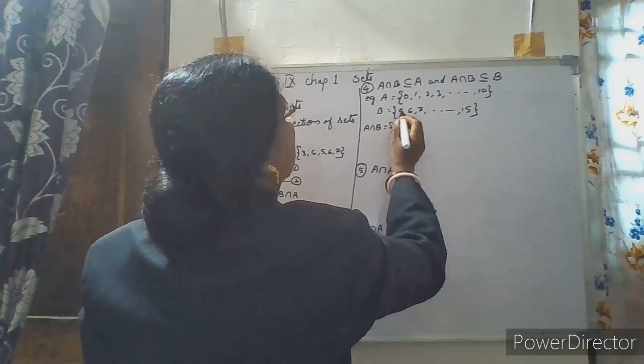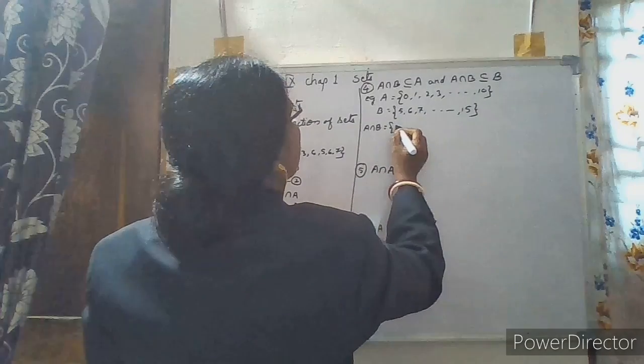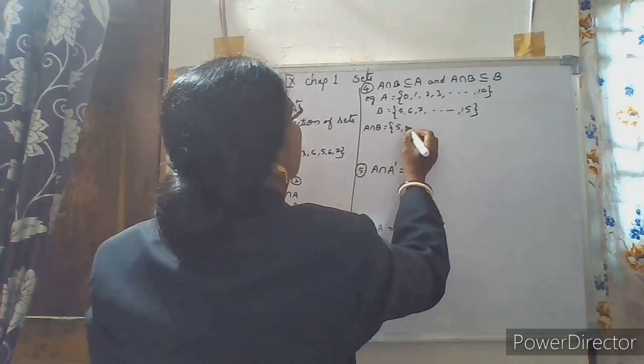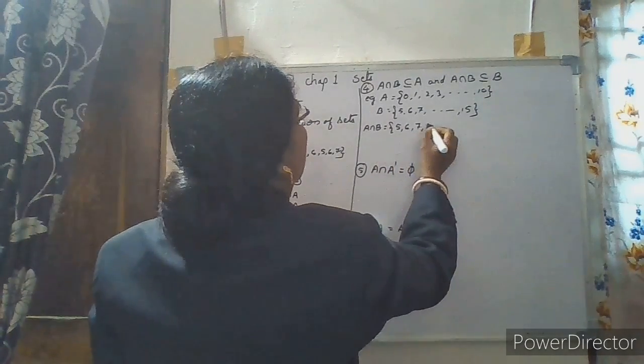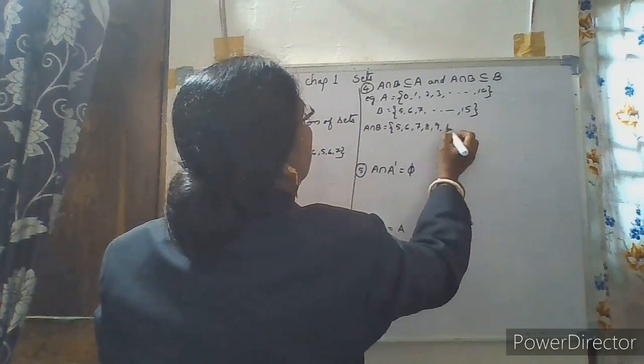A intersection B contains the elements 5, 6, 7, 8, 9, 10.